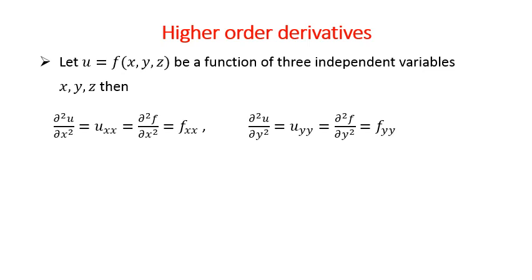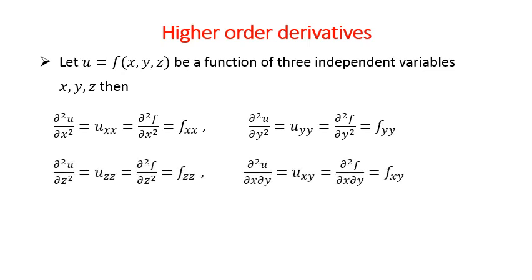Again differentiate with respect to x, then we get dou square u upon dou x square equal to u_xx equal to dou square f upon dou x square equal to f_xx. Similarly, we can find dou square u upon dou y square and dou square u upon dou z square, which are known as second order derivatives.